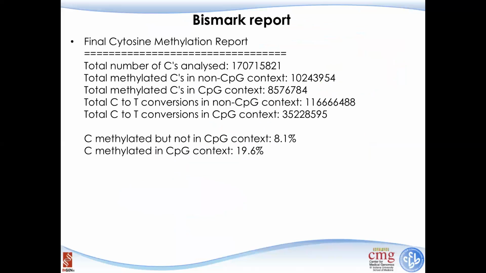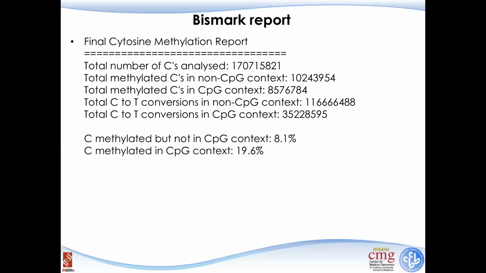The summary report of Bismark shows how many C were analyzed and how many methylated C in non-CpG or in CpG, and the total C to T conversion in non-CpG or in CpG, and also C methylated but not in CpG, C methylated in CpG.